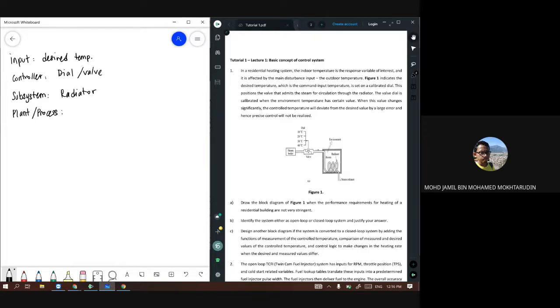So plant or process is the place where everything occurs. Here, the plant or process is the room. And then the output will be the actual room temperature.